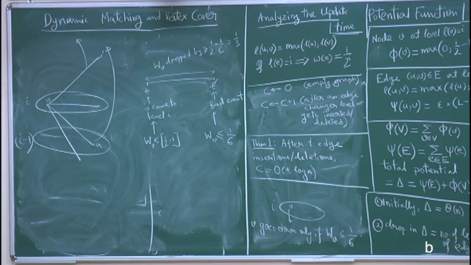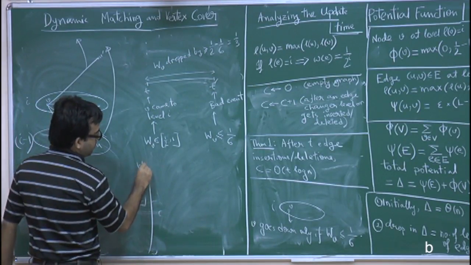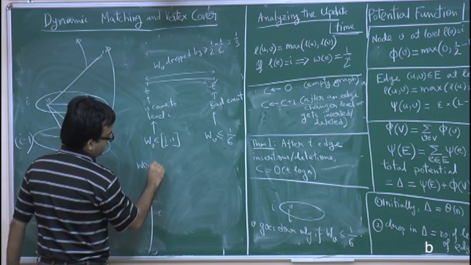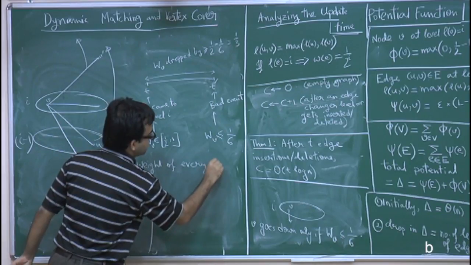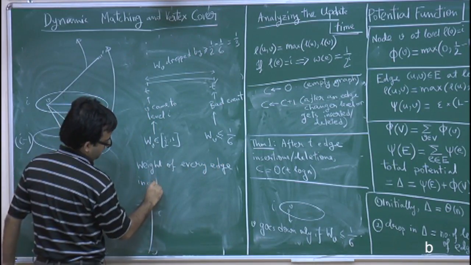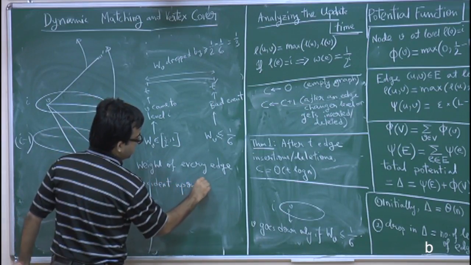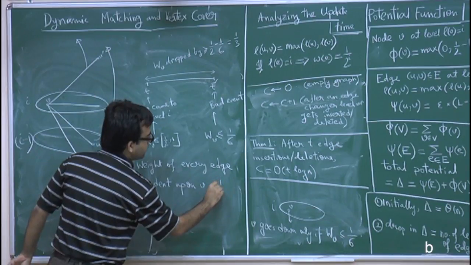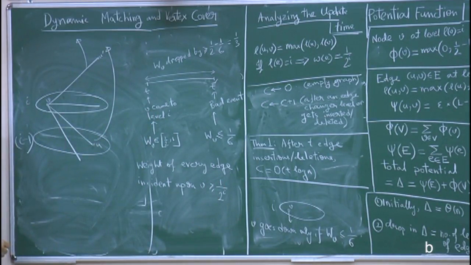Okay. But the observation is that the weight of every edge incident upon V is at most 1 by 2 to the power i. That is correct, right?